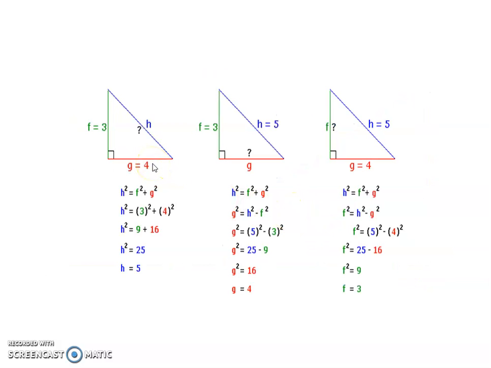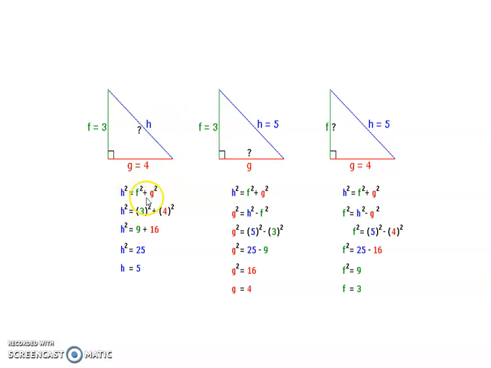We will take an example to focus on how exactly the Pythagoras theorem is applied. Here f is equal to 3, g is equal to 4, and h we have to find. By the Pythagoras theorem, hypotenuse square is equal to side 1 square plus side 2 square. So f is one side, g is the second side and h is the hypotenuse.